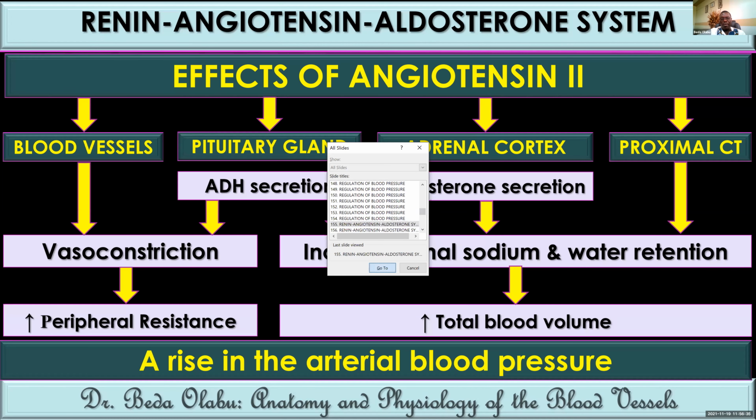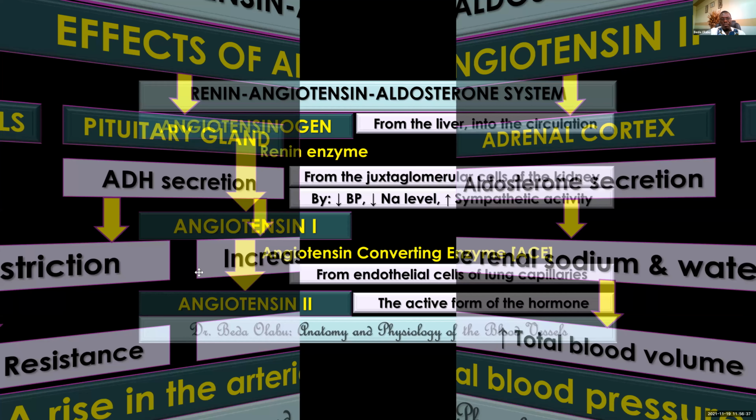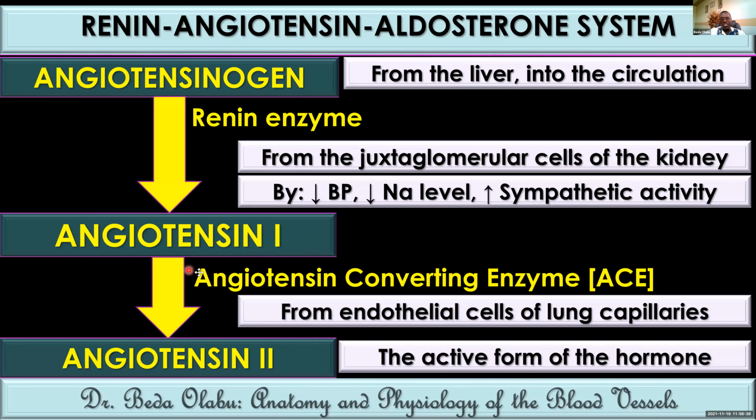For example, here, there are some drugs that inhibit the conversion of angiotensin I to angiotensin II because they inhibit this enzyme here, angiotensin converting enzyme. We call them ACE inhibitors, angiotensin converting enzyme inhibitors. They usually end with the term pril, enalapril, captopril, and the like.